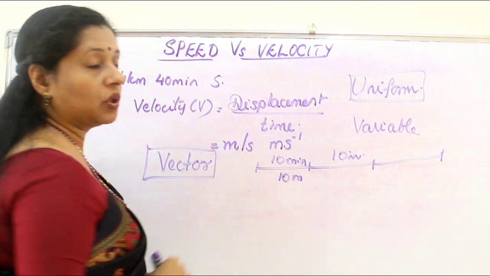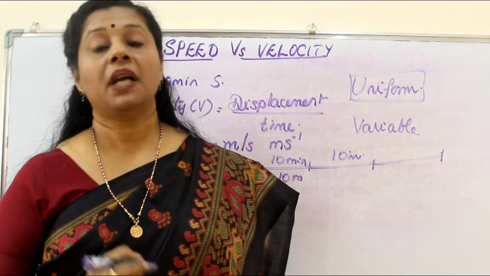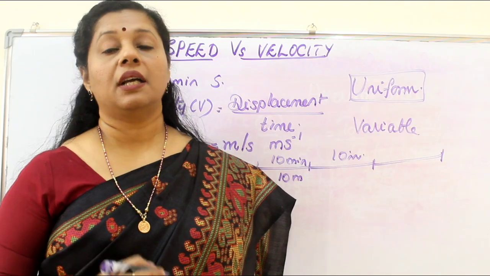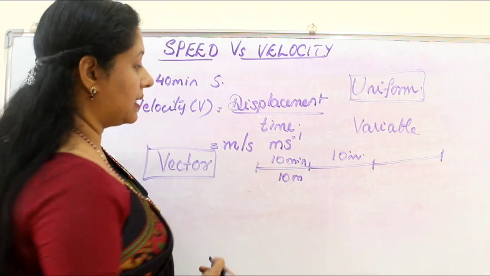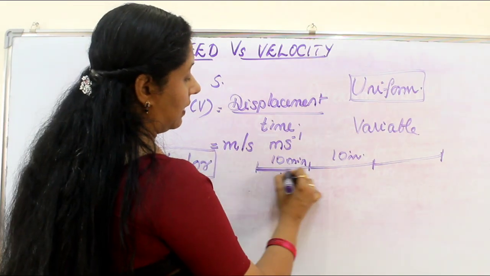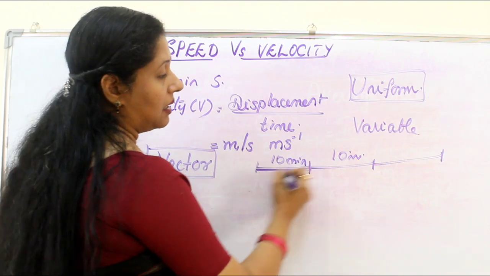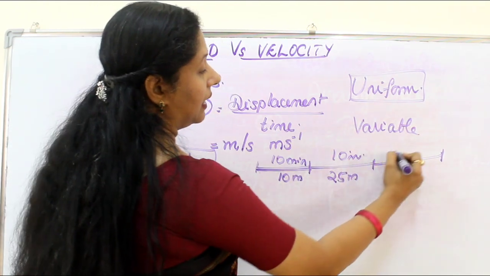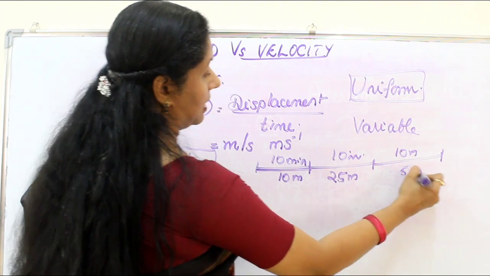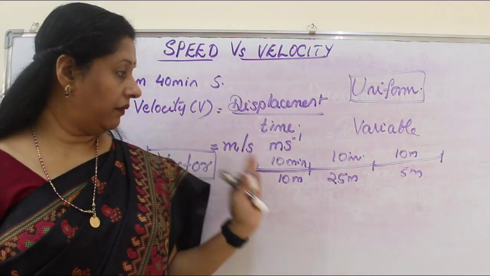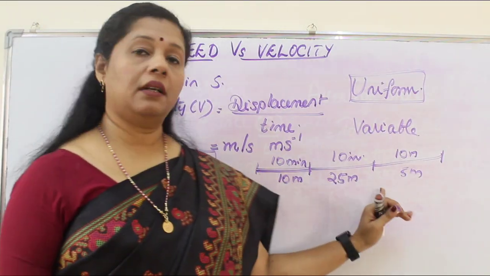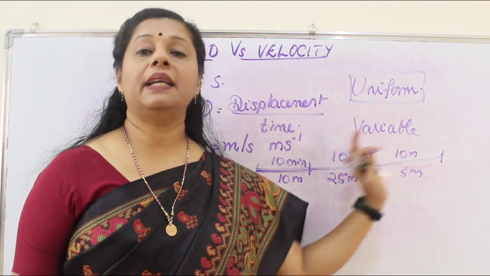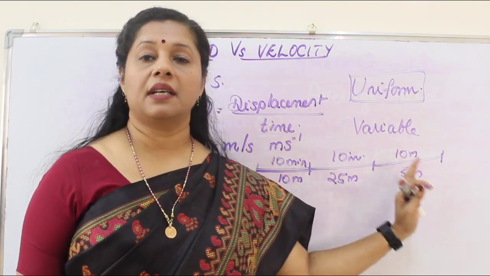Okay, so both are equal, then we call it uniform velocity. But what is non-uniform velocity? For example, if it is traveling first 10 minutes 10 meters, another 10 minutes it is traveling 25 meters, then next 10 minutes it is traveling 5 meters. So if a body covers unequal distances in equal intervals of time, we call it what?